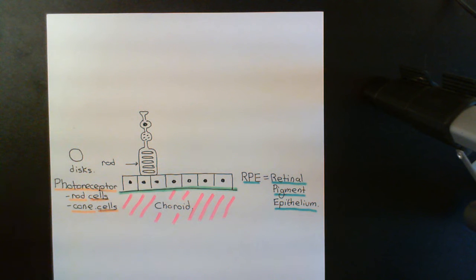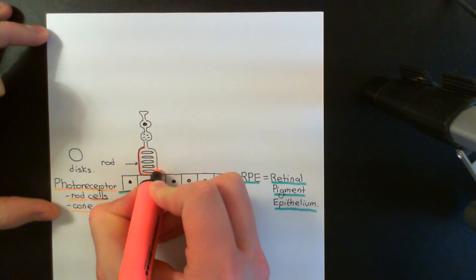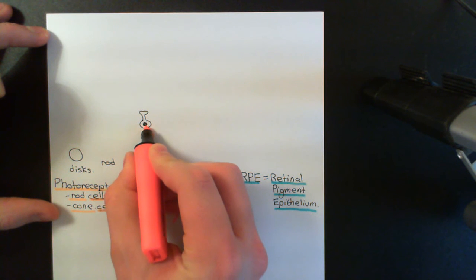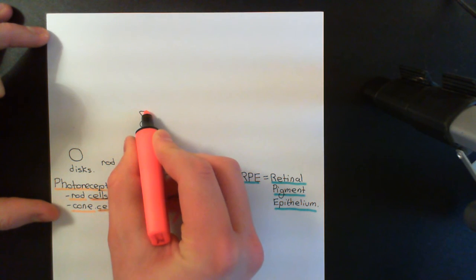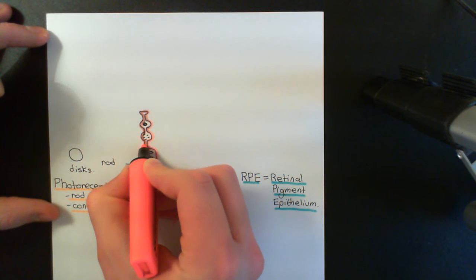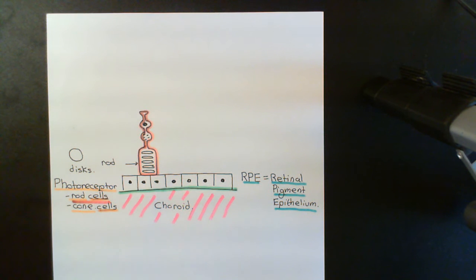So this is the rod cell, and this portion down here, this actual rod bit, is the portion that's actually going to transduce the visual stimulus into an electrical stimulus. So I'll outline this entire rod cell in red here. Right, so there is our rod cell.